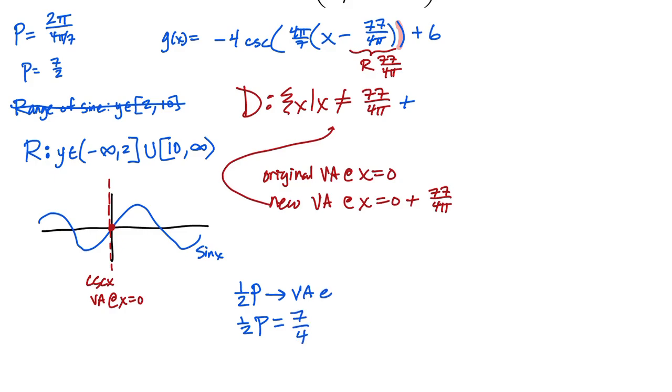Okay? A VA every half period. Now, we still count by quarter cycles, but every 2 quarters we have a vertical asymptote. So I'm going to say x can't be 77 over 4 pi plus multiples of the half period, which is 7n over 4, where n is an integer.